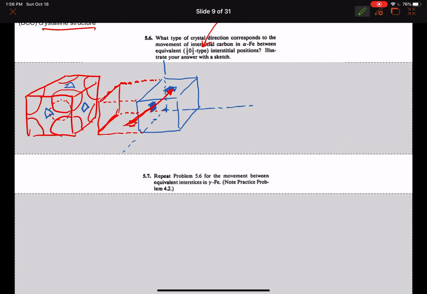Okay, so now trying to put our new Cartesian coordinates there and try to sketch a unit cell where this now is at the origin of the green information.